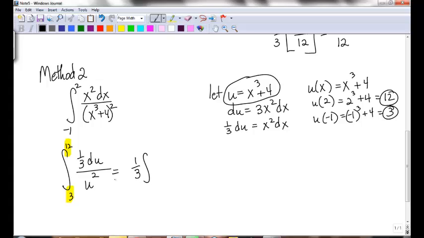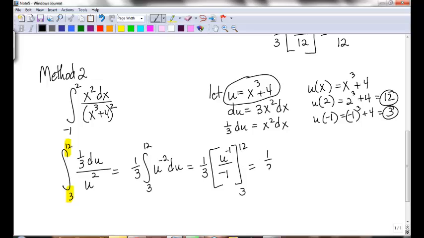I can go ahead and move that u squared up on top, so it's going to be u to the negative 2 du from 3 to 12. I can leave that 1/3 out in front of all of it. Add 1 to that exponent, so it's u to the negative 1 over negative 1, and then evaluate that from 3 to 12.